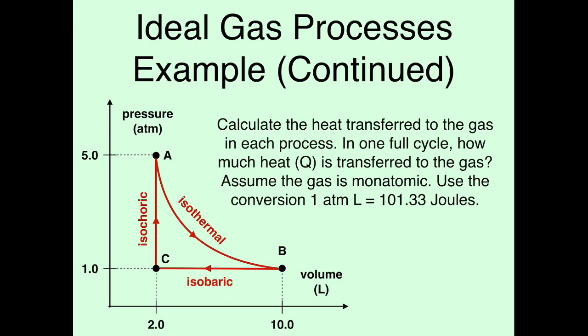And we'll actually do a continuation of that. So it's the same exact PV diagram that we were working with before. But now the question is, calculate the heat transferred to the gas in each process. And in one full cycle, how much heat is transferred to the gas. So we're going to assume that the gas is monatomic, and we'll use that same conversion factor. 1 atmosphere liter is equal to 101.33 joules.